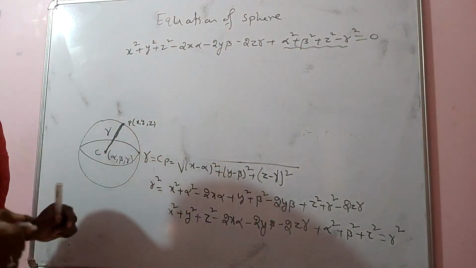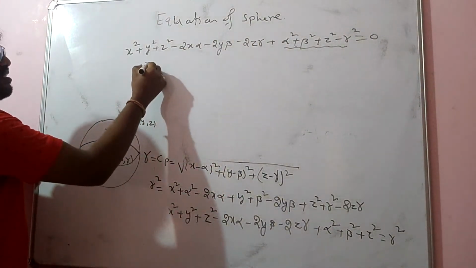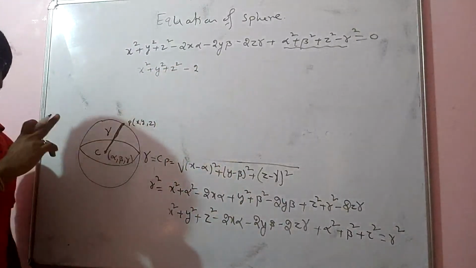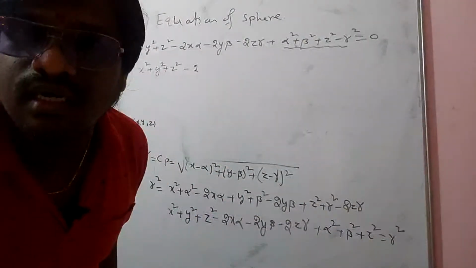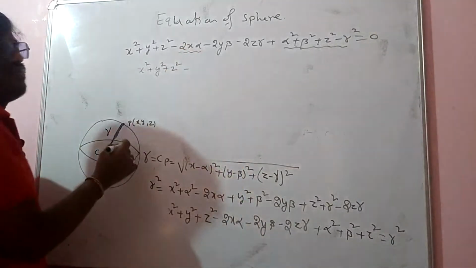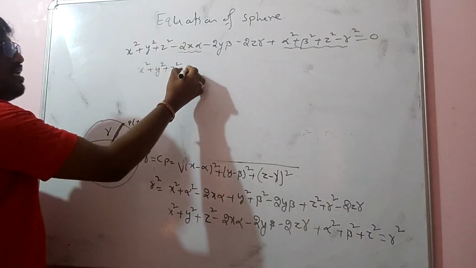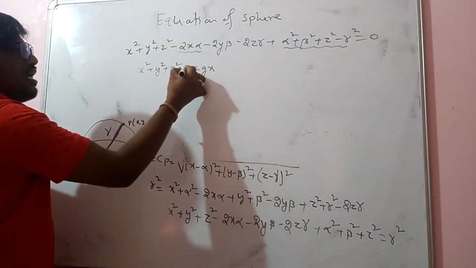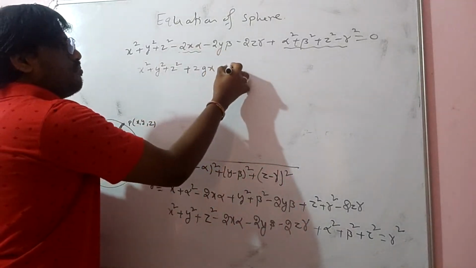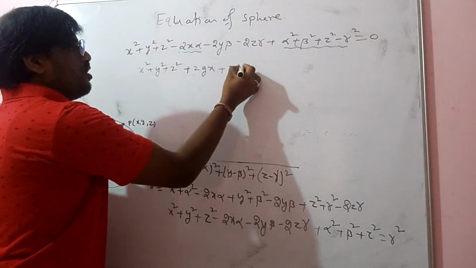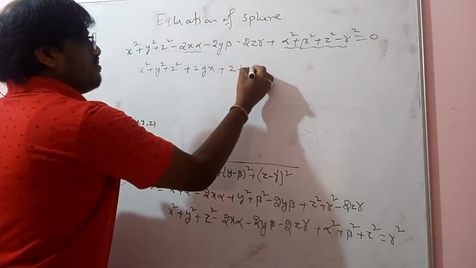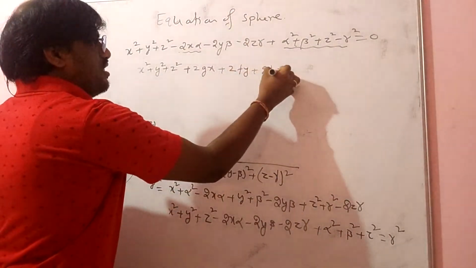Then, considering that a constant, I get x square plus y square plus z square minus 2x alpha. I am going to write this in another way: minus 2x alpha I am writing as plus 2gx, and this I am writing as plus 2fy, and this one as 2hz.